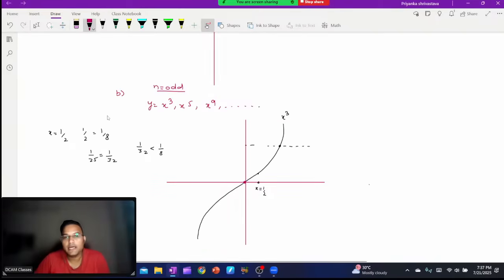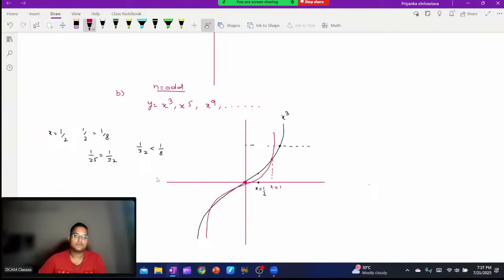If we take the higher power of x, x power 5, the graph will go like this. And they will probably meet at x is equal to 1. At x is equal to 1, they will have the same value. Here also, at minus 1.